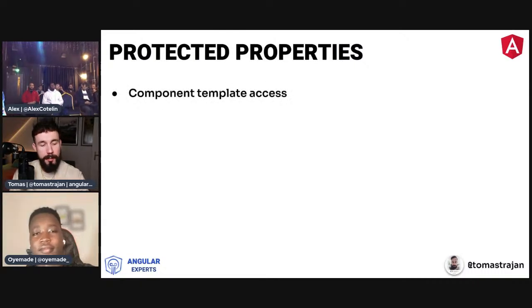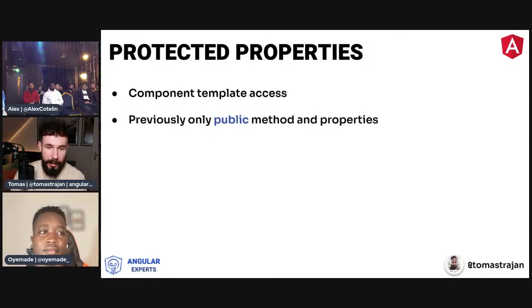This makes the biggest impact when implementing components, because previously, to be able to access data from the component or the methods of the component in the component template, they would need to have a public access modifier. And in TypeScript it works like this: if you do not write anything, it means it's public. So public is the default access modifier.